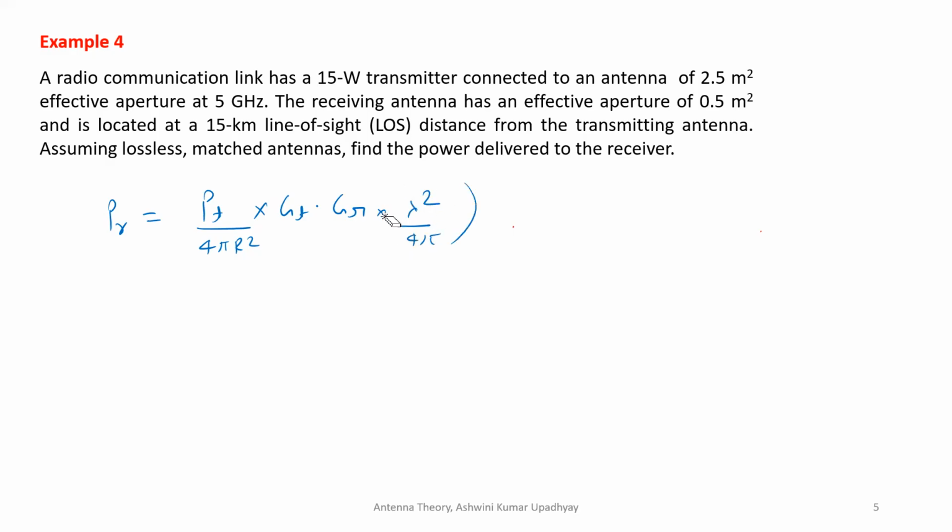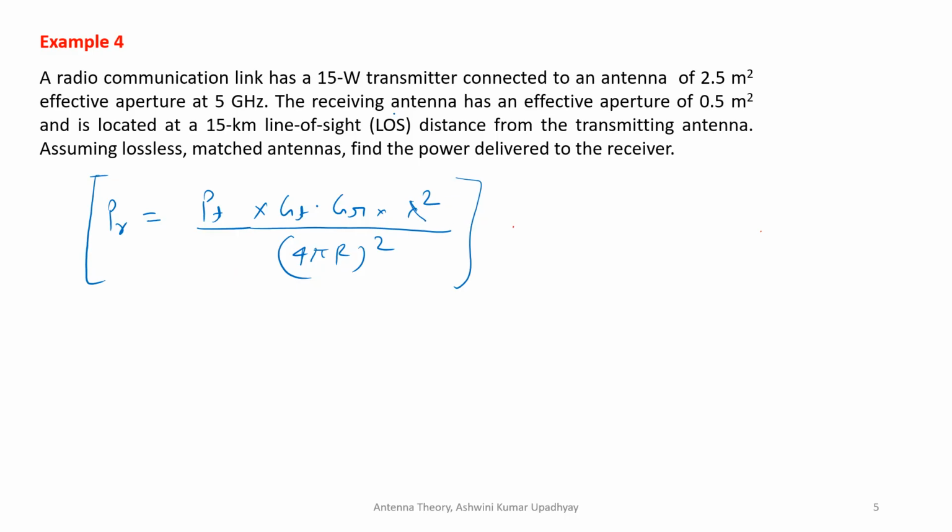So we can just write it like this. So it will become 4 pi R whole squared. So this was your Friis formula for calculating the received power.